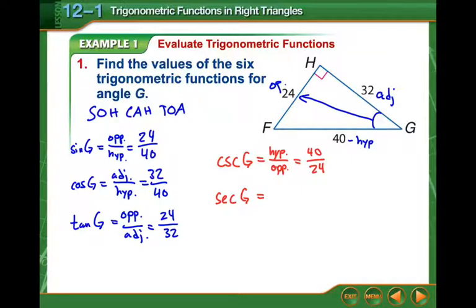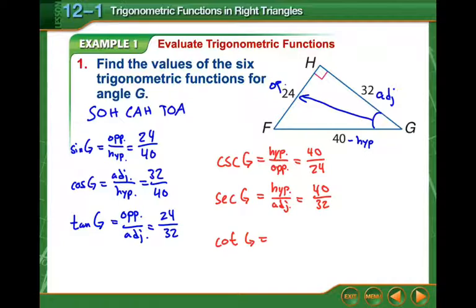Same thing with cosine and secant. It just takes that adjacent over hypotenuse fraction and flips it. So hypotenuse over adjacent, which makes it 40 over 32. And cotangent, our last one. Cotangent is the opposite of tangent. Those two are the only two that keep the same name kind of with them.